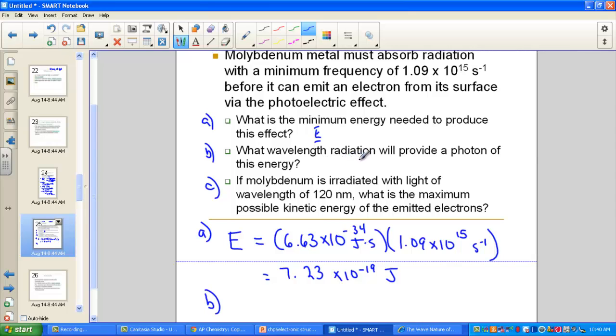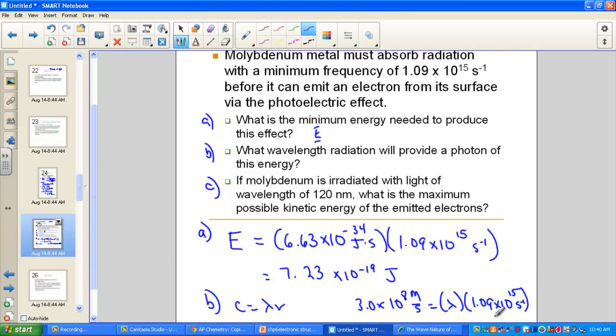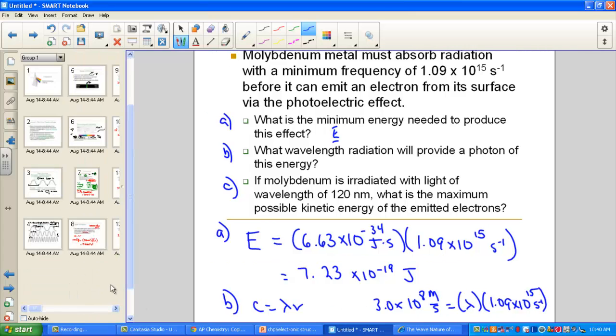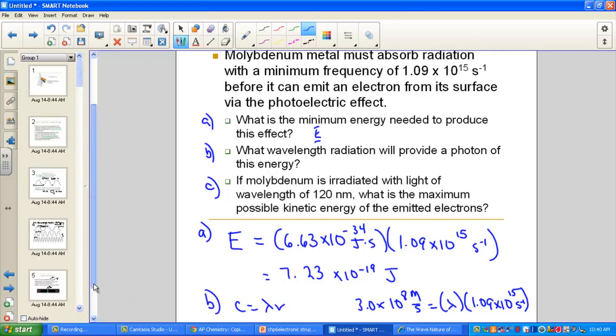What wavelength will provide a photon of this energy? Well, that's just converting this frequency into a wavelength by our familiar c equals lambda nu. So the speed of light, a constant worth memorizing. We want to convert frequency into a wavelength, so we simply divide. Let's see what we find.